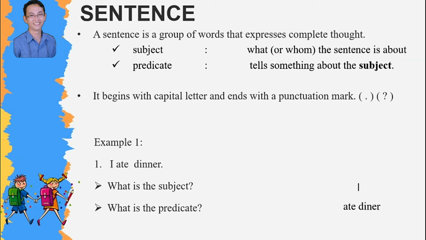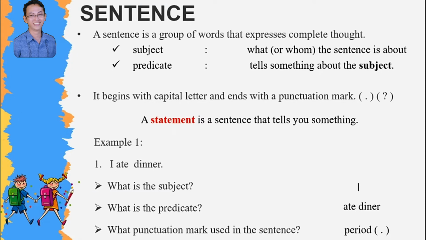Ate dinner. What punctuation mark is used in the sentence? Period. And example 1 starts with a capital letter I. Therefore, example 1 is a sentence, and it is what we call a statement. A statement is a sentence that tells you something. Okay?